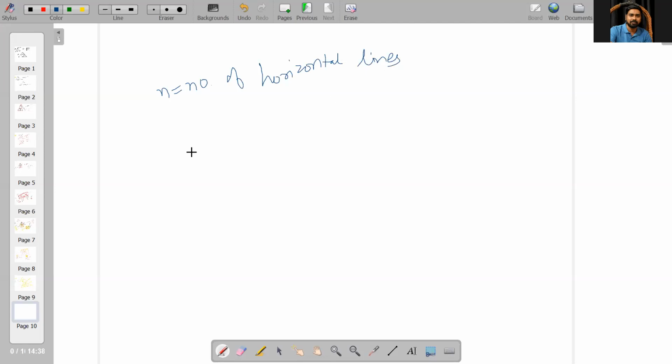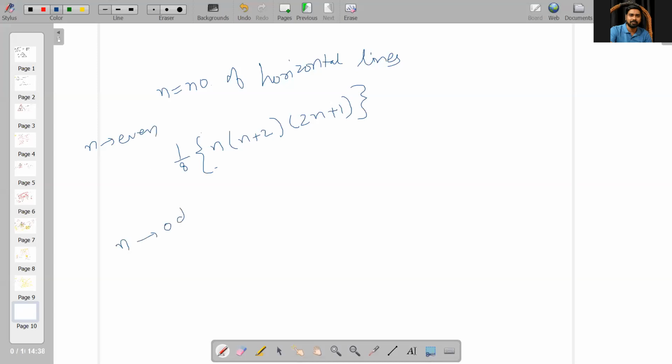Now, looking at the formula, we have 1 by 8 into n into n plus 2, into 2n plus 1, when n is even.